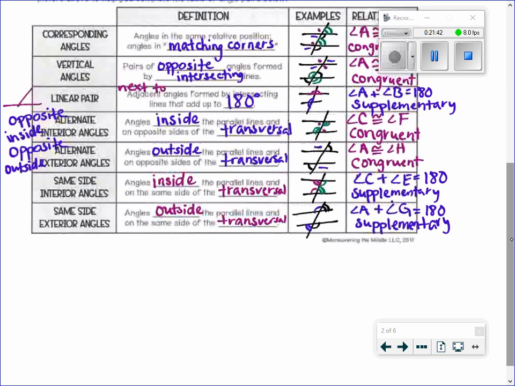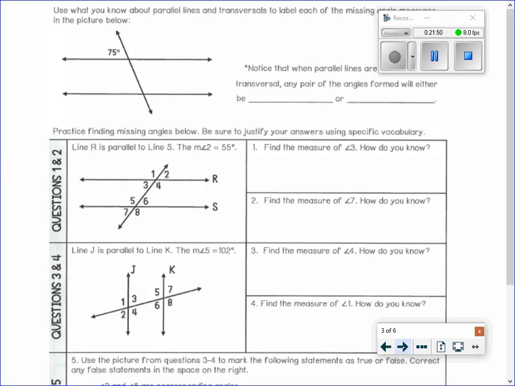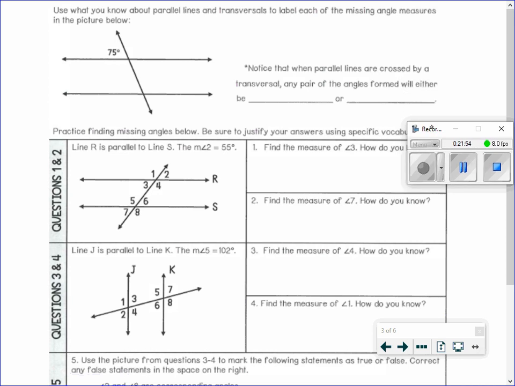We're going to have a lot of practice with this. All right, use what you know about parallel lines and transversals so they will each have the same angle measure. Every time you see a transversal, I want you to get out the highlighters. It's really going to help.